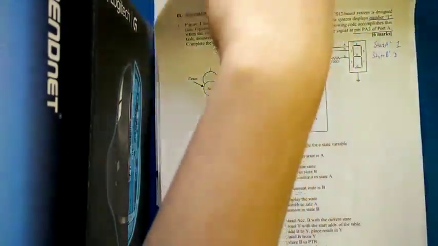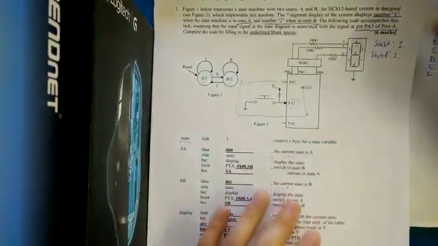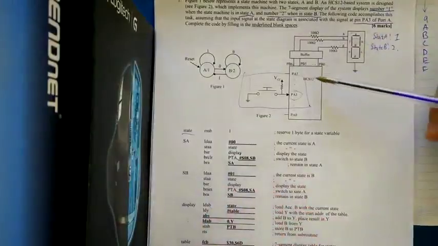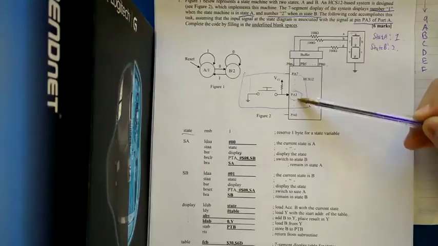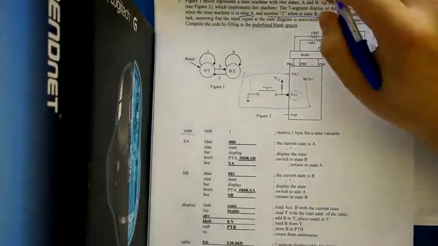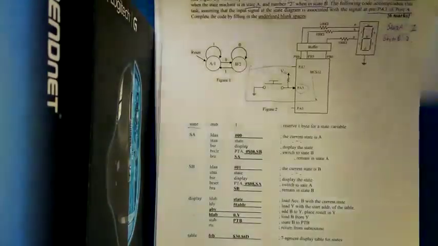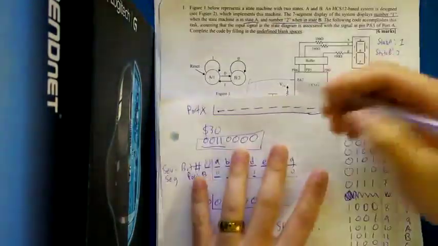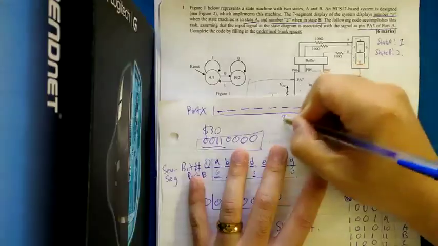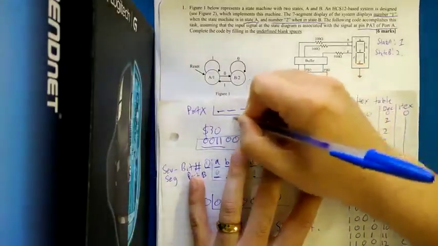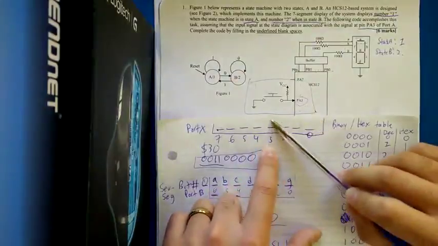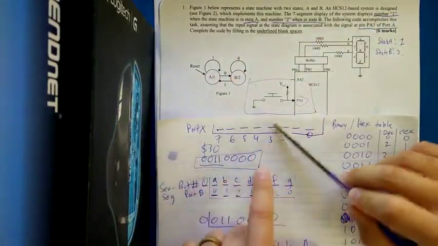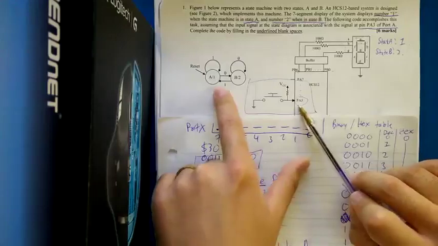Sorry, the last thing I need to mention about the ports and pins is port A. PA3 is the 4th bit, counting 0, 1, 2, 3, 4, 5, 6, 7. This pin is open or closed for the state machine.